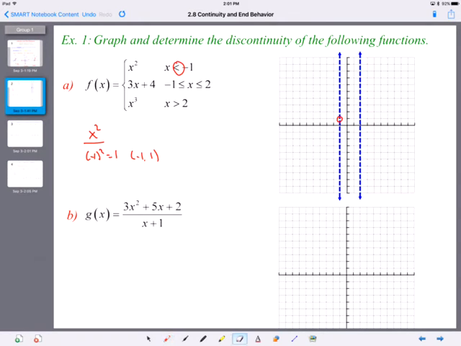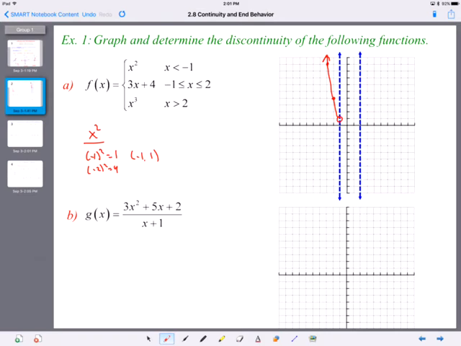It's not equal to -1. So at x equals -1, the output's 1, and then you can do -2 squared, which we know is going to be 4. So at (-2, 4) you have a point, and then at (-3, 9). So this will be part of your quadratic there.